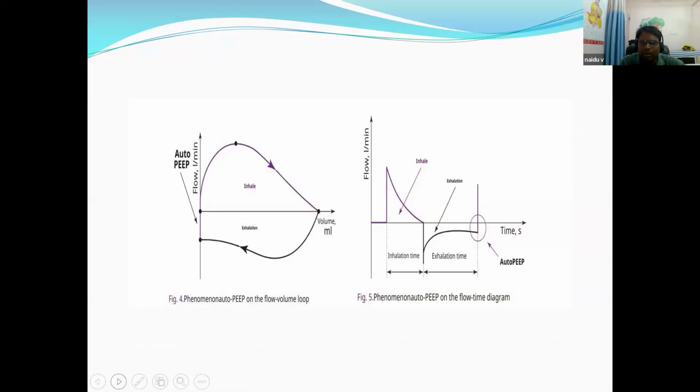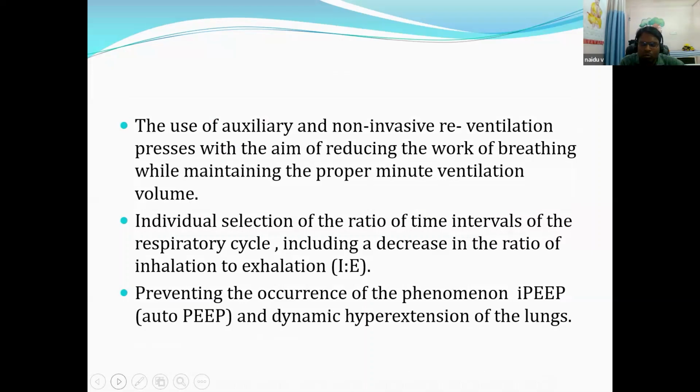This auto-PEEP will automatically increase the pulmonary vascular resistance. To prevent auto-PEEP, we have to increase the expiratory time and decrease the ratio of inhalation to exhalation, so that expiratory time is more and the remaining air will be expired out.